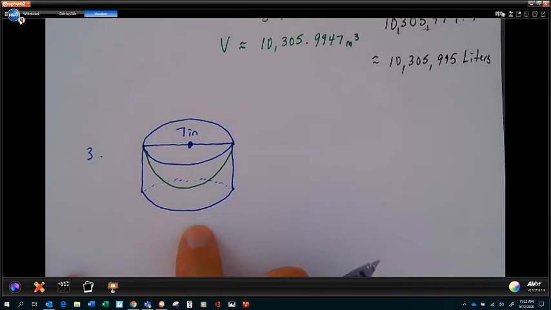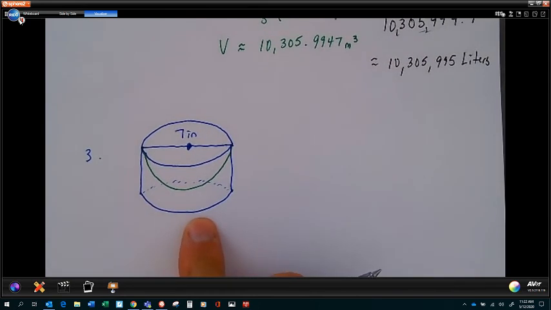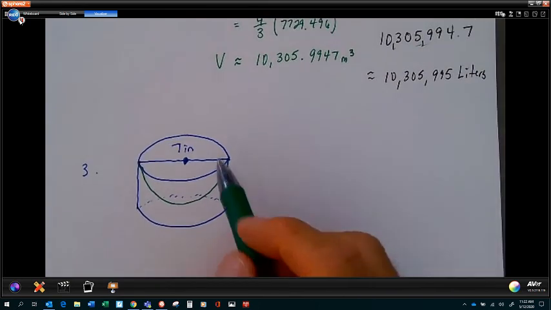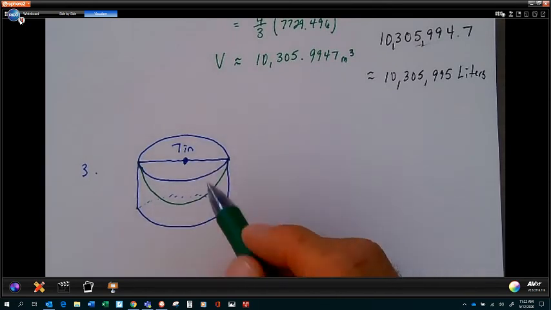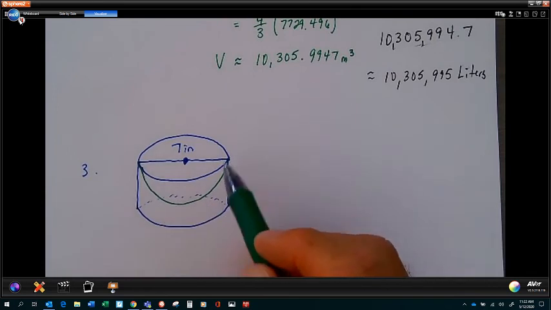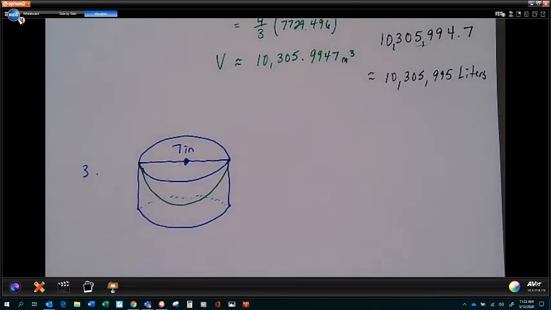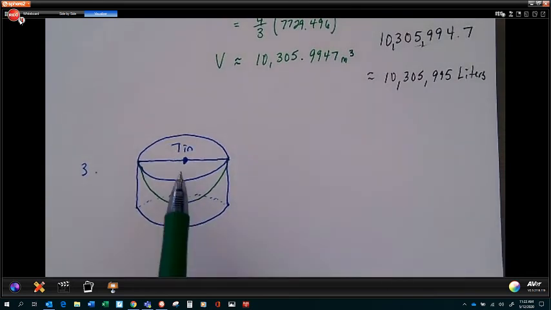So the first thing we need to do is find out the volume of this cylinder. Then we need to subtract half of the sphere. Again, all we're given here is this 7 inches, the diameter of the cylinder and sphere.